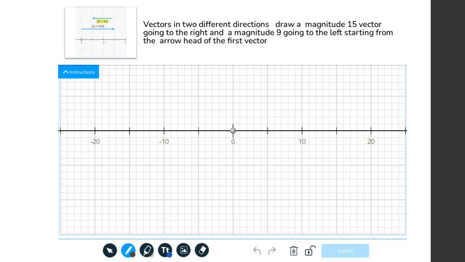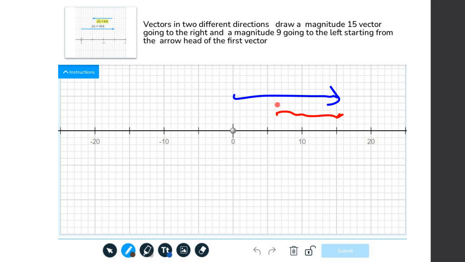So let's do vectors, draw a vector of 15 magnitude. I started with 0, and I can do that. So 15, and that's to the right. And the magnitude of 9 going to the left. Let's put this one in red. 9 going to the left.